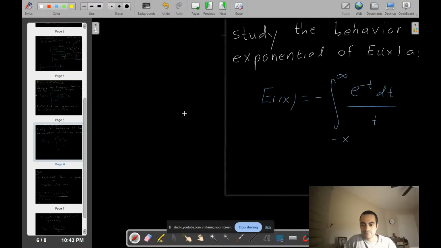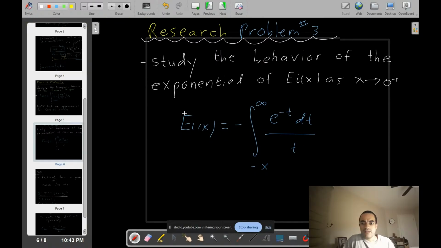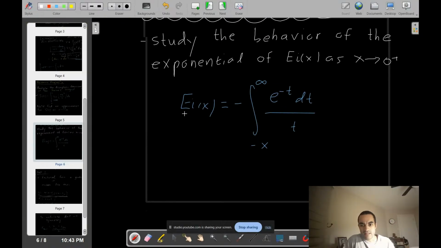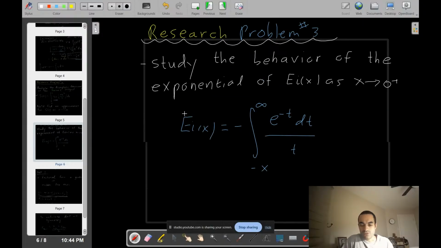And finally, the last problem for homework: I want you to study the behavior of an exponential integral. By study the behavior, I mean look at the exponential integral as a function of x as x goes to 0.